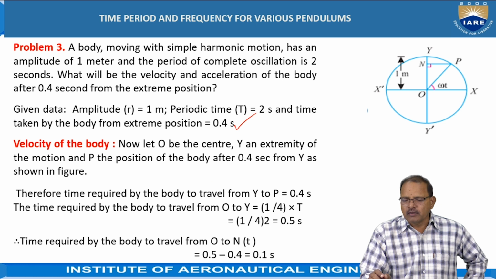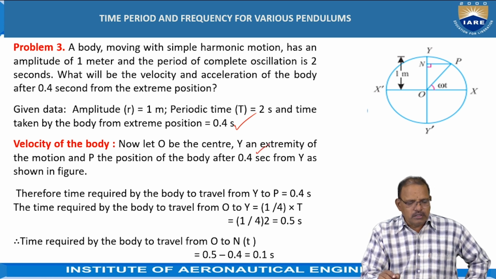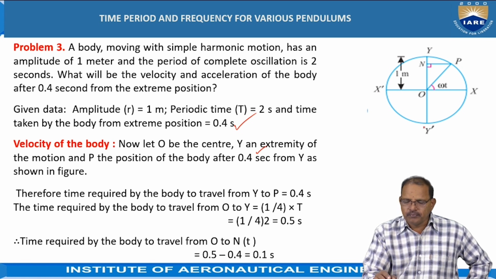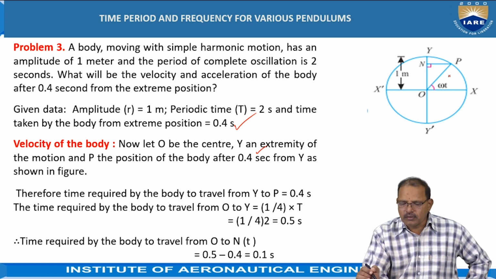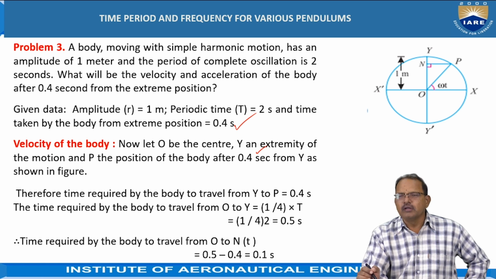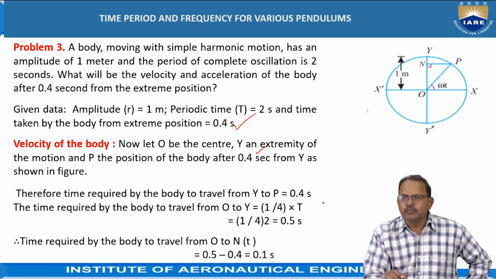Let P represent the position of the object when it is coming back from its amplitude Y to this end position within 0.4 seconds. Therefore, the time required by the body to travel from Y to P position is equal to 0.4 seconds.